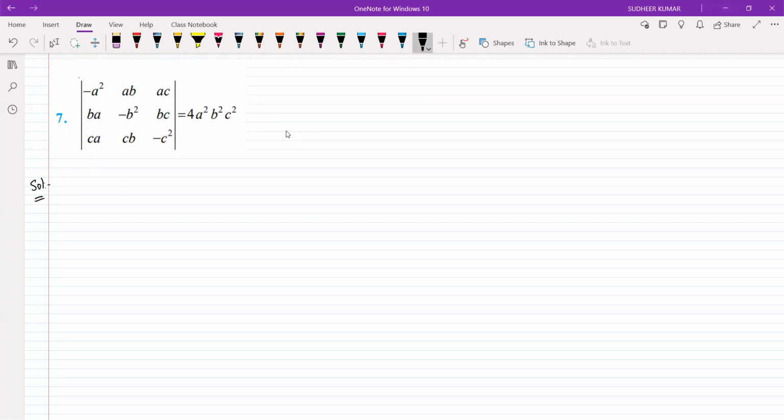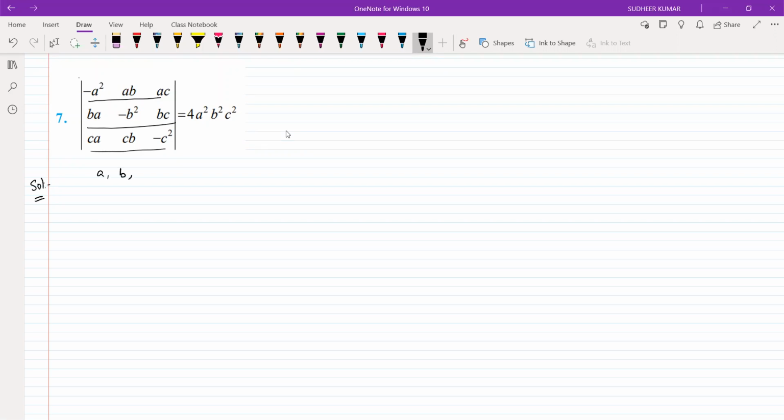So first of all, see, is there any common part in this row, in this column? Yes. In these 3 rows, in the first row a is common, in the second row b is common, in the third row c is common, right? Yes, sir. Let us take common.